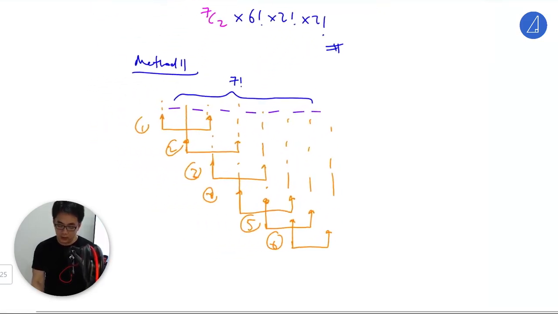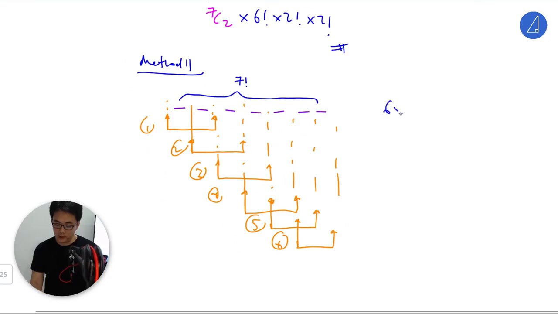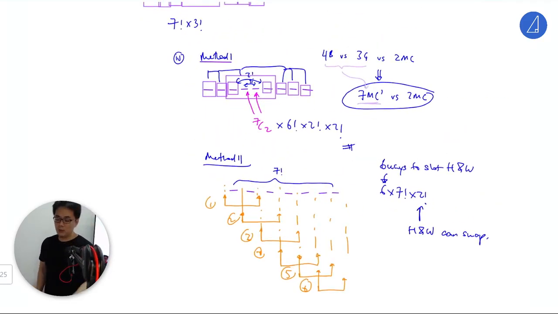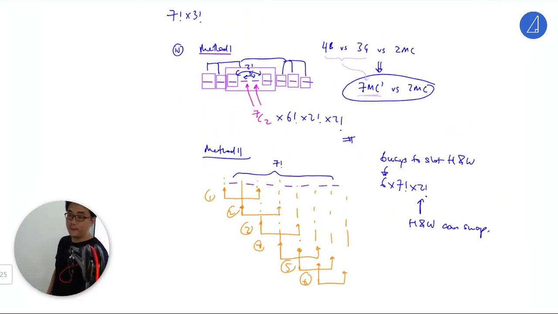So essentially, you can get the answer by multiplying 7 factorial by 6 ways to slot the husband and wife. Is this the answer? Times 2 factorial, because the husband and wife can swap seats.